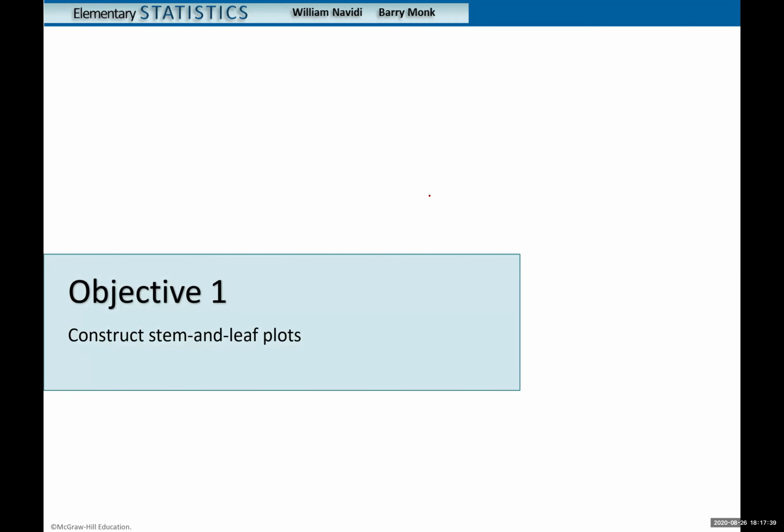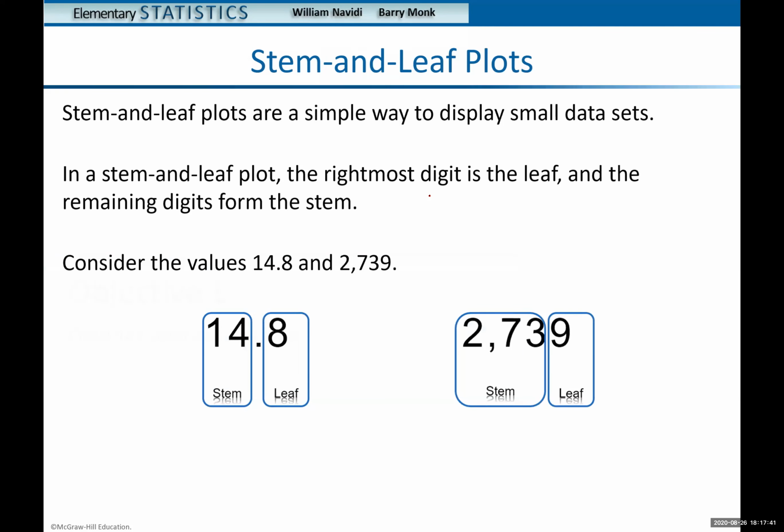Let's start with stem and leaf. If you want to copy this, stem and leaf plots are a simple way to display small data sets. If you have a small data set, it's easier to use a stem and leaf plot.